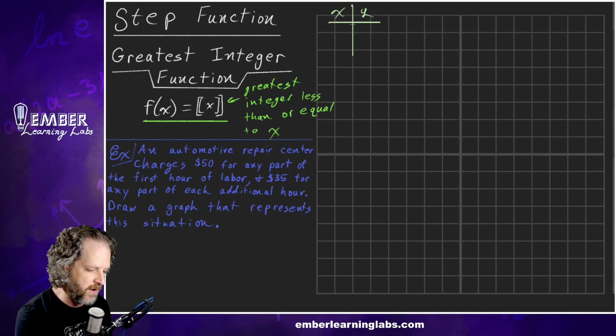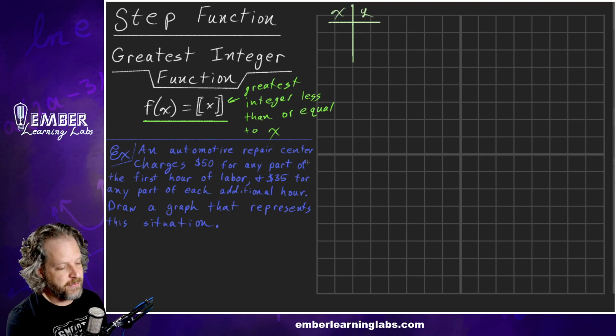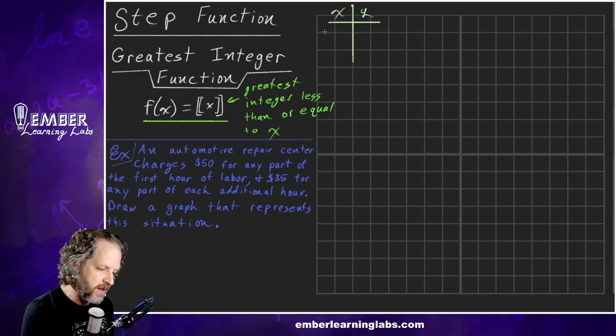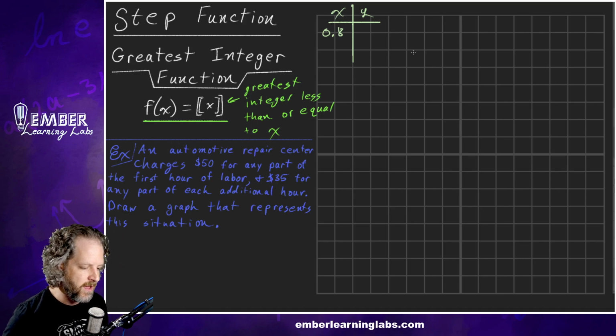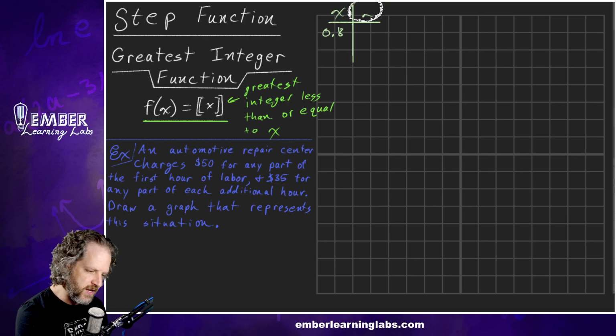We're not going to go very far into this table, but instead of putting integers like I normally do, I'm going to put some random decimals on the x side. If I put 0.8, I should stay consistent and write f of x here instead of y.